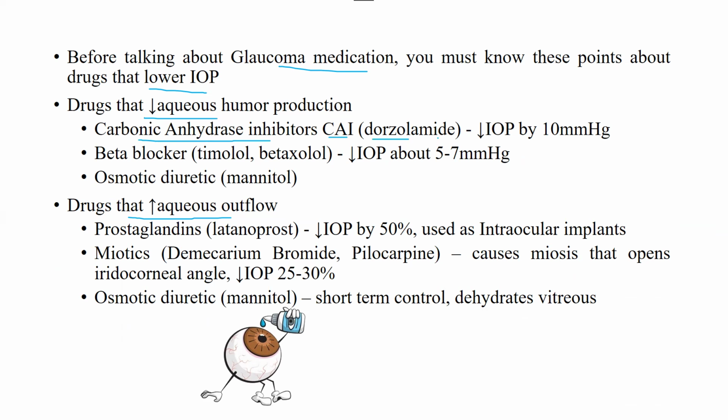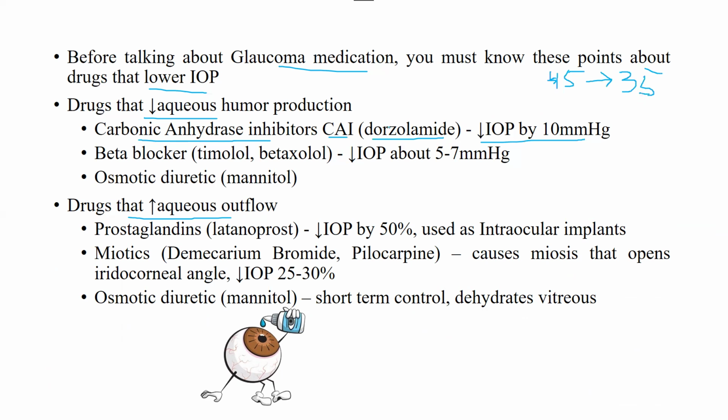The drugs that decrease aqueous humor production are carbonic anhydrase inhibitors, written as CAI. For example, dorzolamide decreases the IOP by 10 mm. If it is 45 mm of mercury on tonometry, which indicates glaucoma, and you apply dorzolamide, it will drop to 35 mm of mercury.